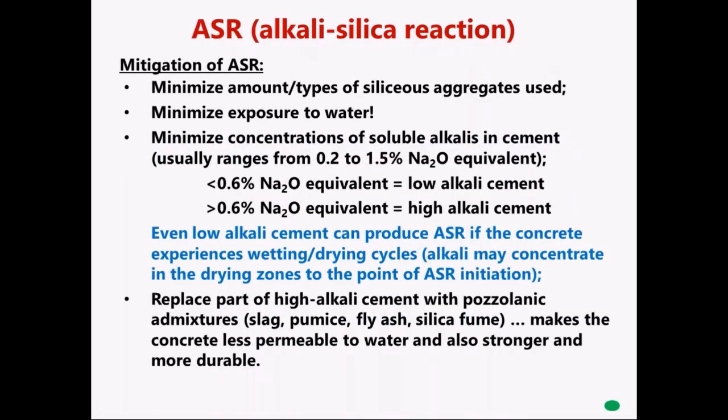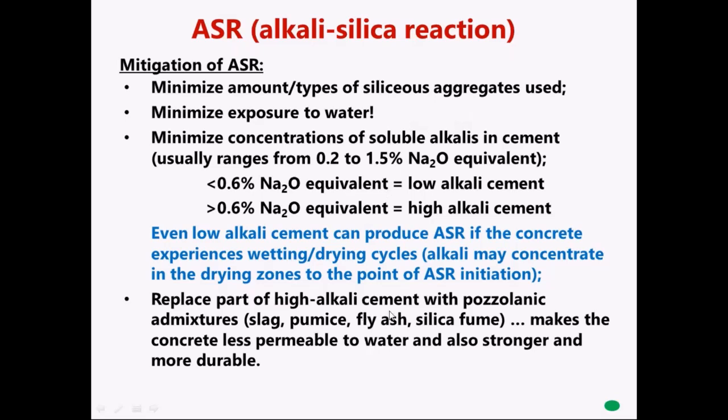I'm not going to go through this entire slide here, but I can say that you can try to mitigate the formation of ASR first and foremost by paying attention to the type of aggregates that you're using in your paste. If your aggregates contain chert or cristobalite or strained quartz, that's probably not a good aggregate to use unless you are able to use low alkali cement.